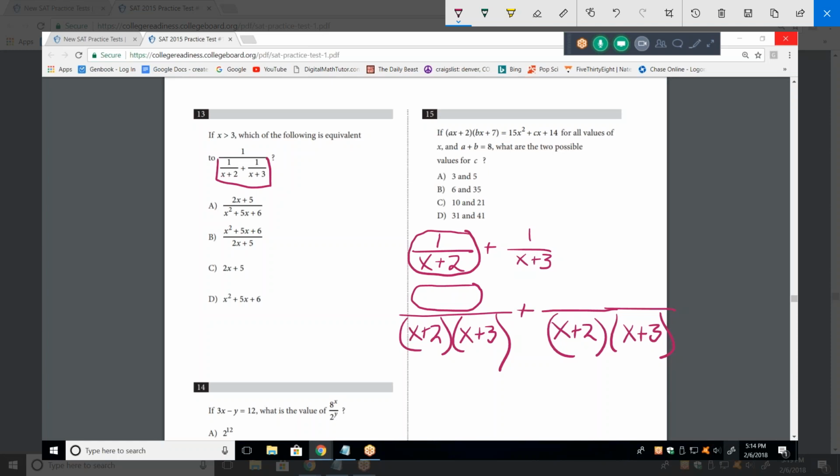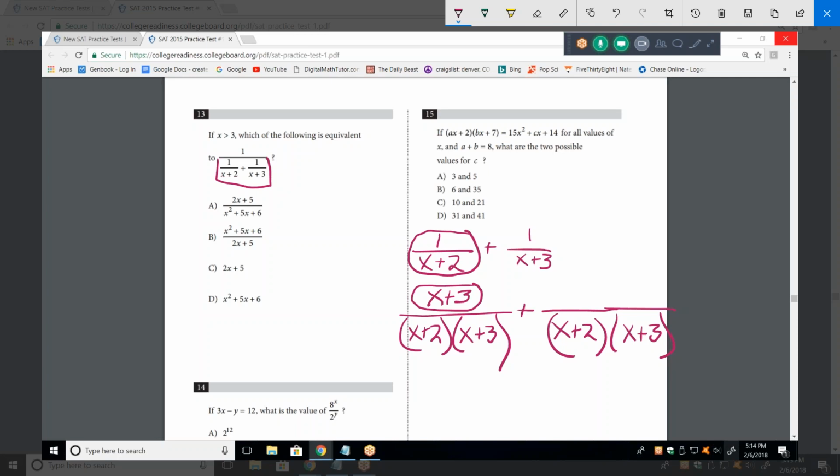So what can I put in that numerator so that I still have 1 over x plus 2? About x plus 3. Why? Well, look at it for a minute.